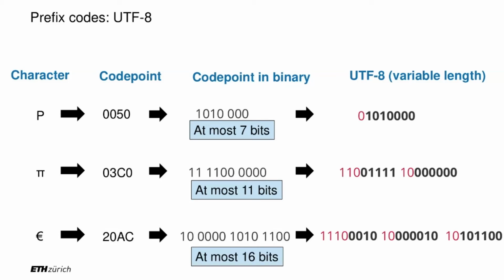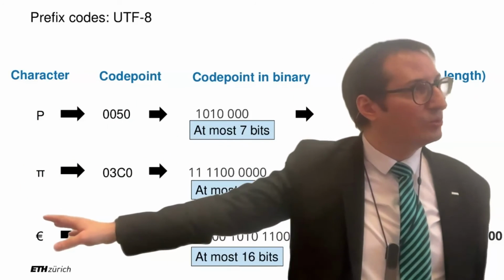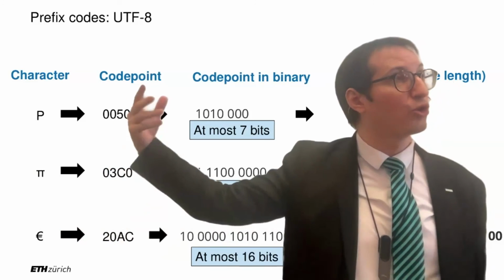And in fact, we have another example of prefix code that you might know, which is UTF-8. In UTF-8, it's not always the same length for every character. It varies. So let me explain quickly how it works. Every character in UTF-8 has what is called the code point.